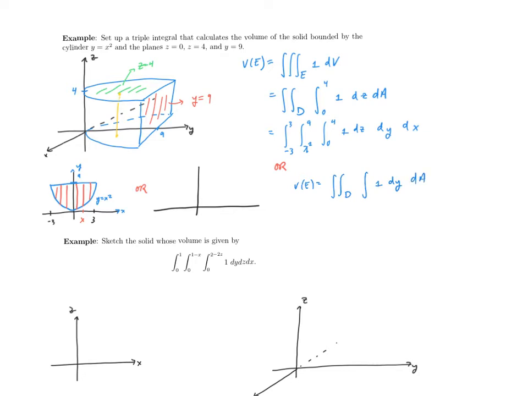And we have to think, how do we vary? Well, in the y direction, you vary from the smaller surface, y equals x squared, and then we vary in that y direction until we hit that end cap of y equals 9. So the inside limitations in terms of y would be going from y equals x squared to y equals 9.